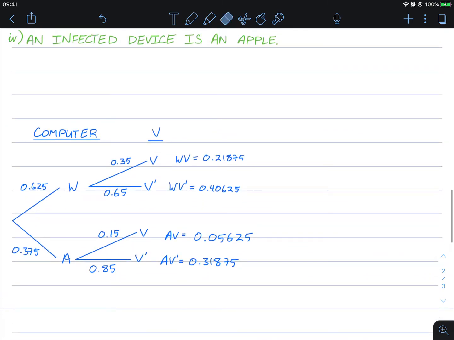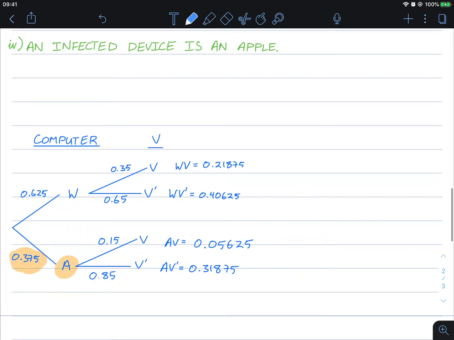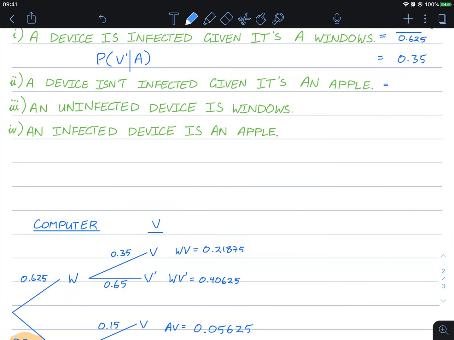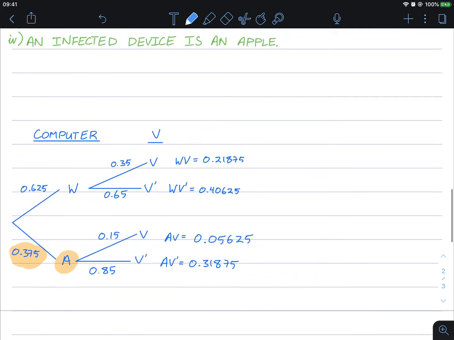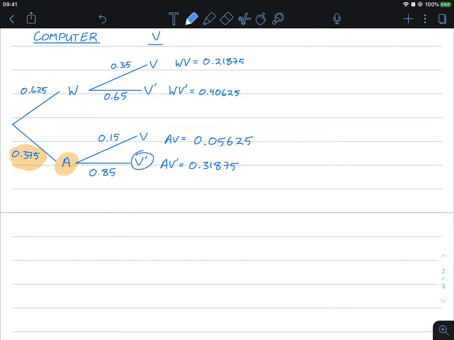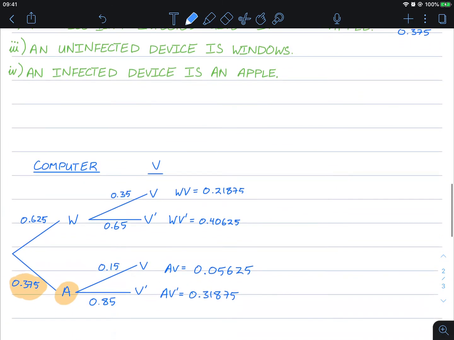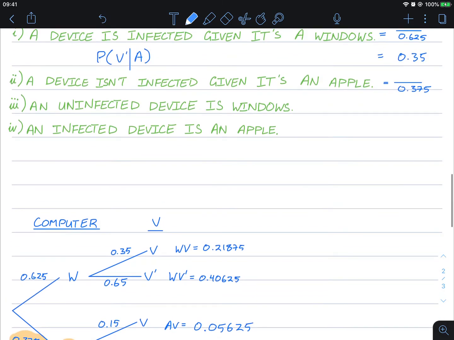So that means our sample space is going to be 0.375, given it's an Apple. That's equal to over 0.375, and not a virus is 0.31875. Because remember, we only want those without the virus inside of the sample space that we've been restricted to.